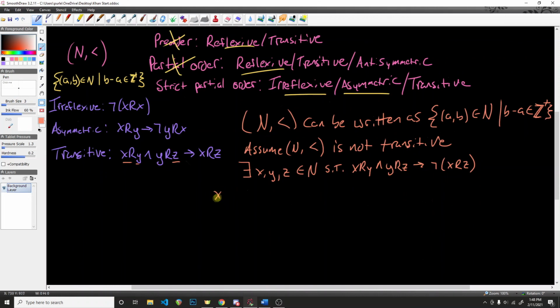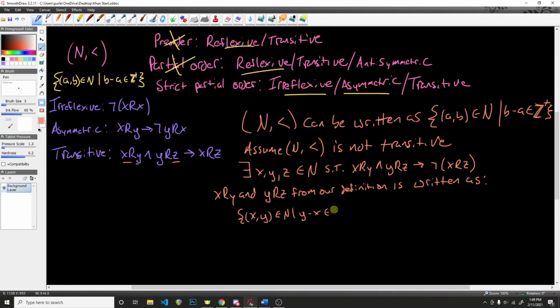And I also want to point out that x R y and y R z from our definition, and by our definition I'm talking about this right here, are written as follows. All I'm going to do is copy this over, where we have x comma y, which are elements of the natural numbers, and then we have y minus x, which produces an element of the positive integers.